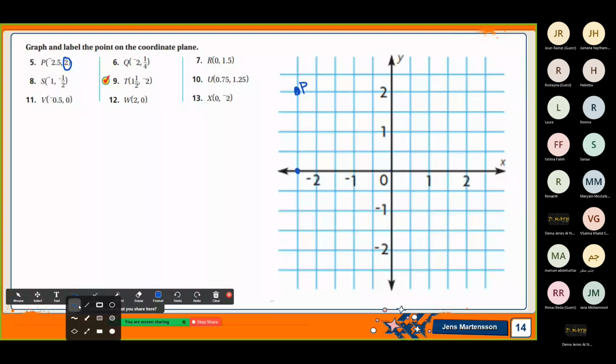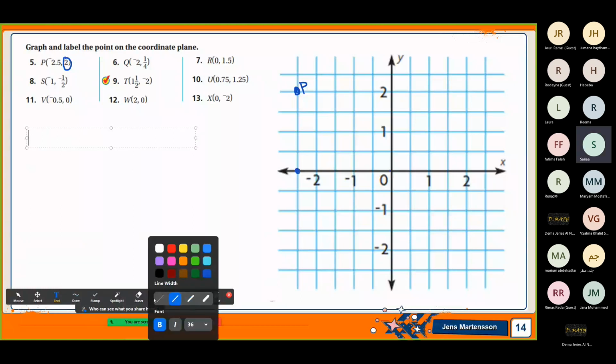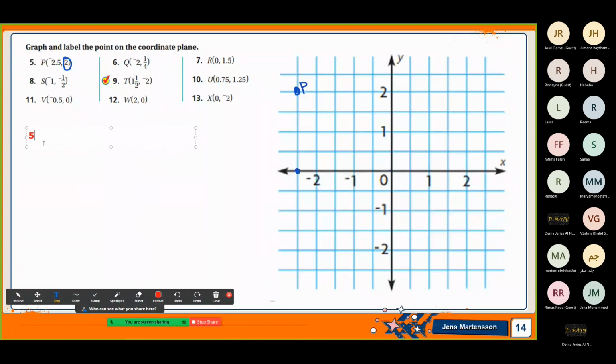Number 5, yes, Sana. In which quadrant is it? Teacher, I didn't understand your question. In which quadrant? Is it in quadrant 1, 2, 3, or 4?